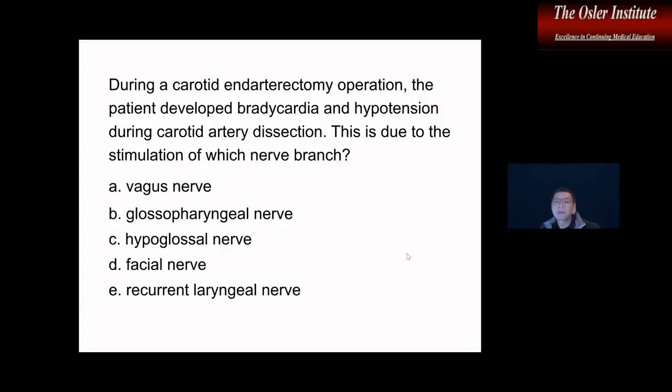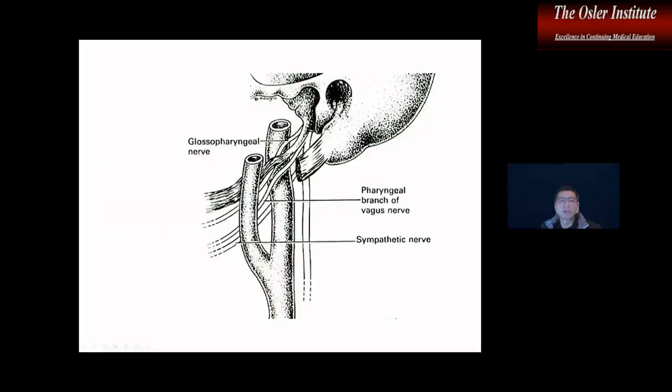All right, this is a fairly common problem that can occur during this operation, and it's also a fairly common scenario that can show up on your exam. So the question asks, during your surgery, you are dissecting around the carotid artery, carotid bulb, and the patient becomes bradycardic. That is because of irritation of cranial nerve number 9, the glossopharyngeal nerve.